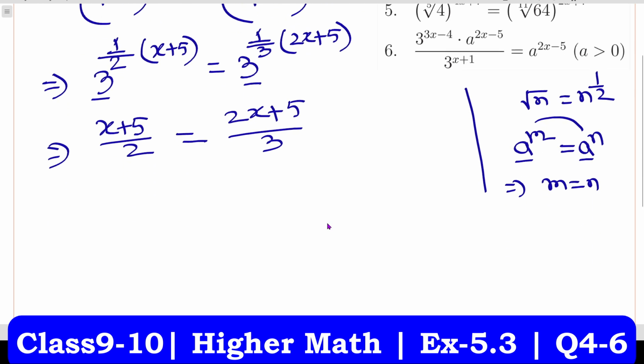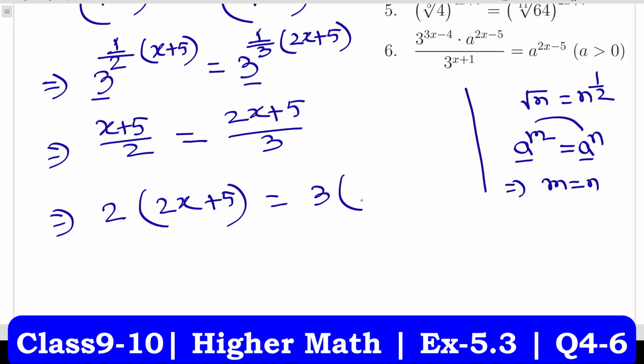Right? Now very simple. We are going to do cross multiplication. So 2 times 2x plus 5, and here is 3 times x plus 5.